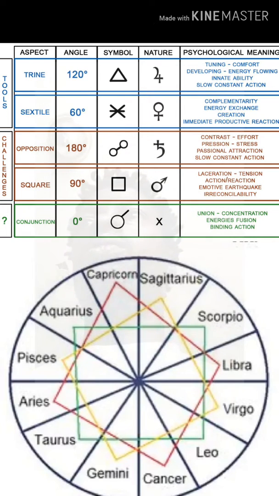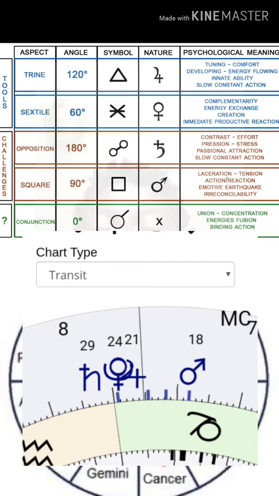Conjunction is when two planets are within 10 degrees of each other, or when a planet is on top of your original planet. I'm gonna show you conjunction because I have a lot of conjunctions right now at all times. Basically, we have Saturn conjunct Pluto right now for the whole world.